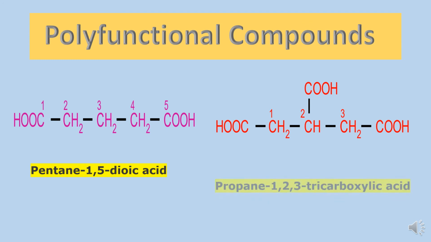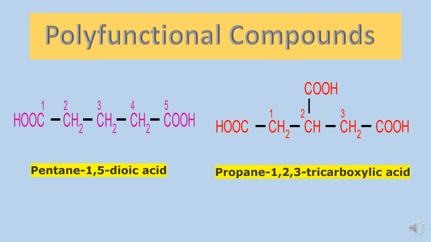For example, the name of this compound will be propane-1,2,3-tricarboxylic acid, as we are not including all 3 carboxylic groups here. So this rule is applied only when the same type of functional group having a carbon atom in it occurs more than 2 times, and all of those cannot be included in the chain.